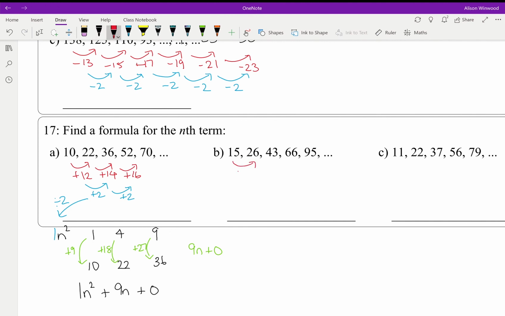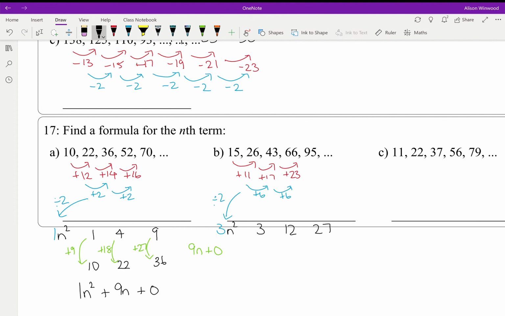Goes up by 11, 17, 23. So these numbers are going up by 6. Half of 6 is 3, so I want 3 times the square numbers, which are 3, 12, 27.